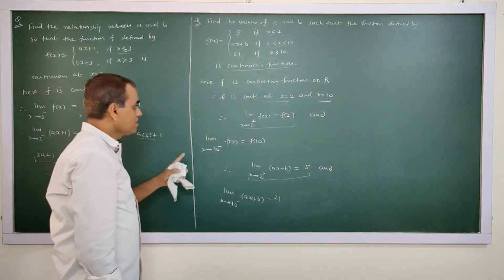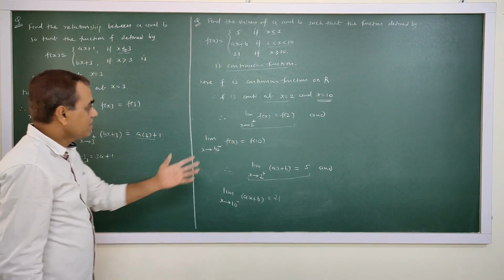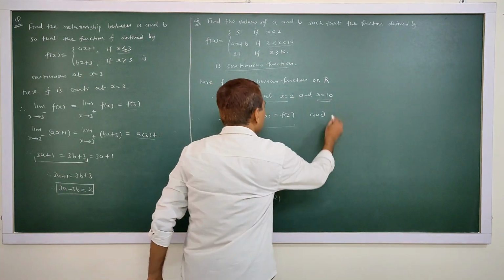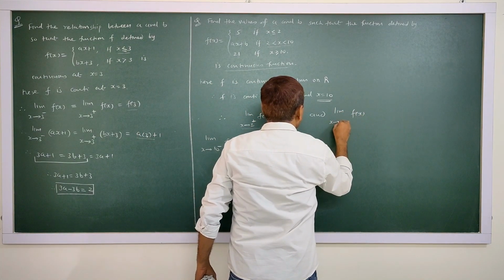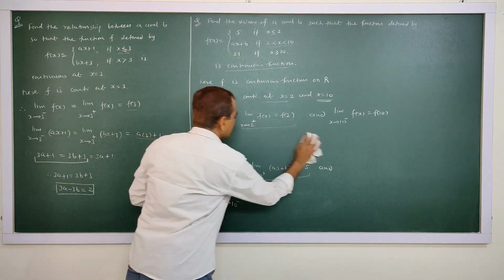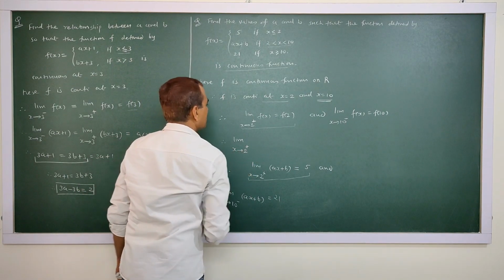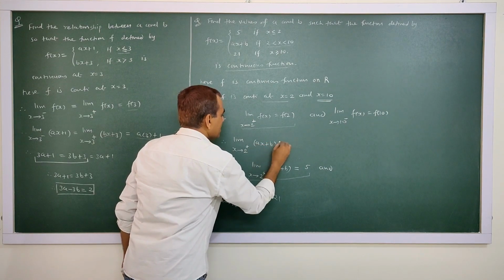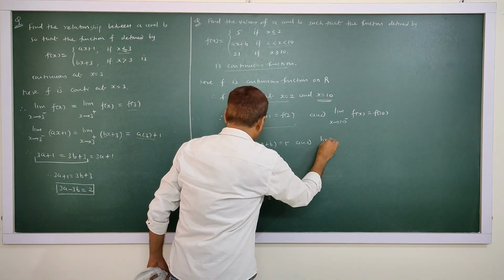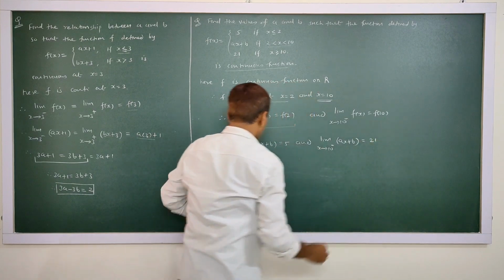Now, putting these statements properly: the limit of f(x) as x tends to 2 from the right side equals f(2), and the limit of f(x) as x tends to 10 from the left side equals f(10). Therefore, the limit of ax plus b equals 5, and copying this, the limit of ax plus b as x tends to 10 from the left side is 21.